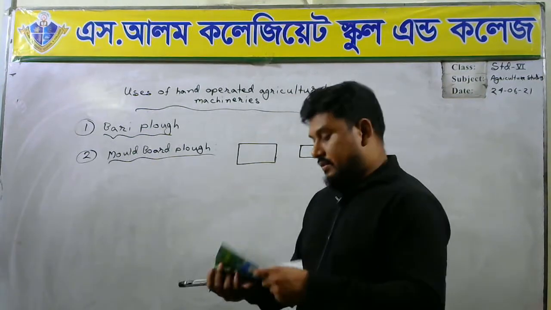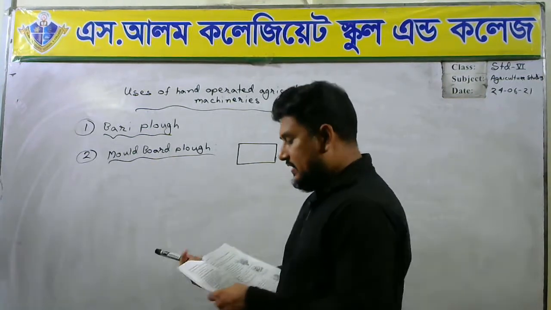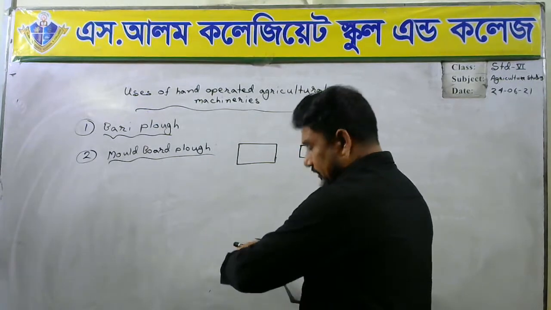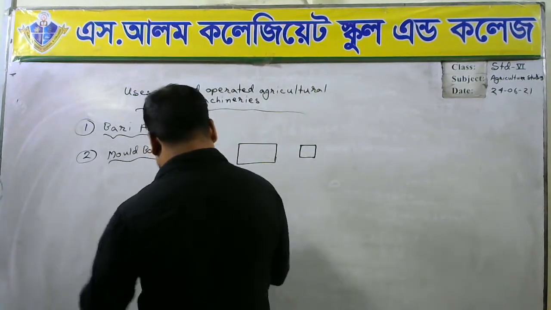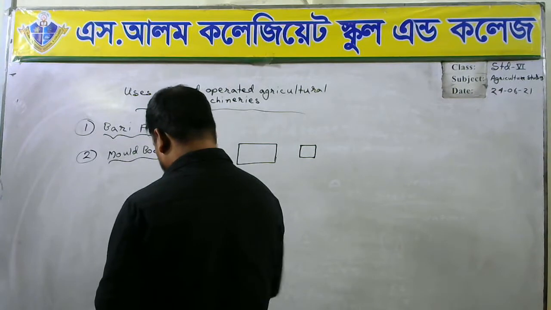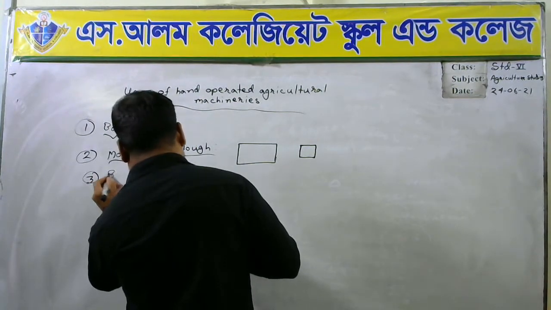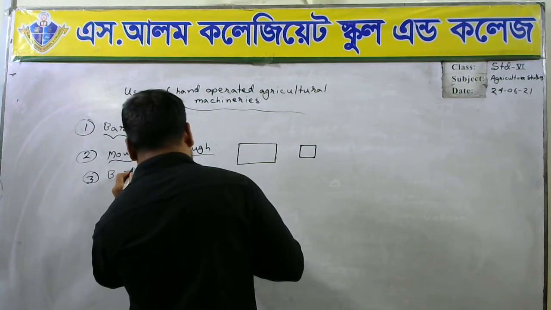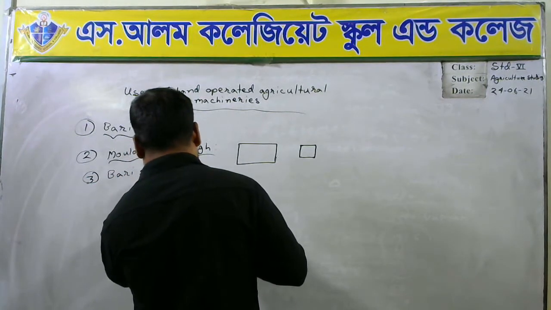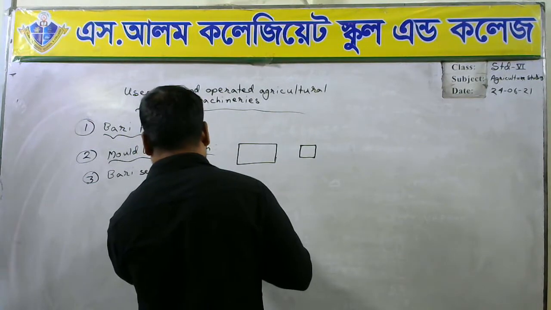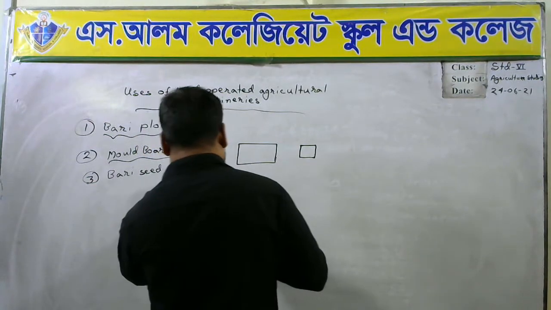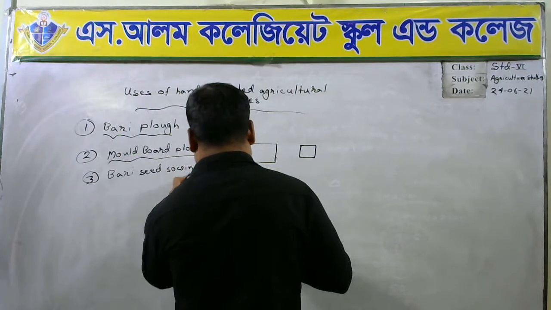On the next page, number 3, bari seed sowing machine.